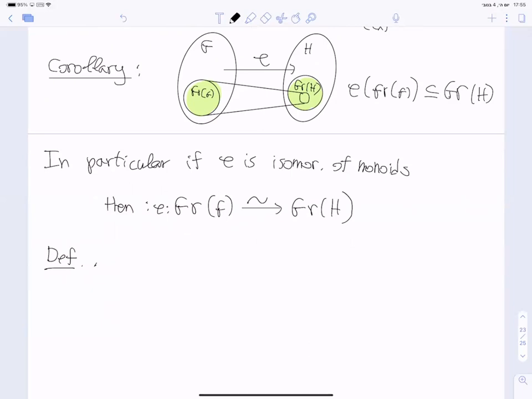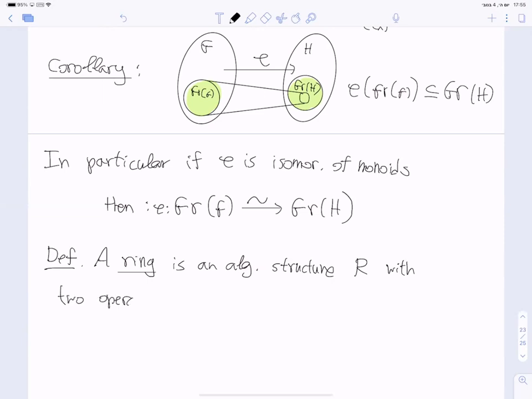So a ring is an algebraic structure. R is a set of elements with two operations, not one, two operations, denoted by plus and multiplication.